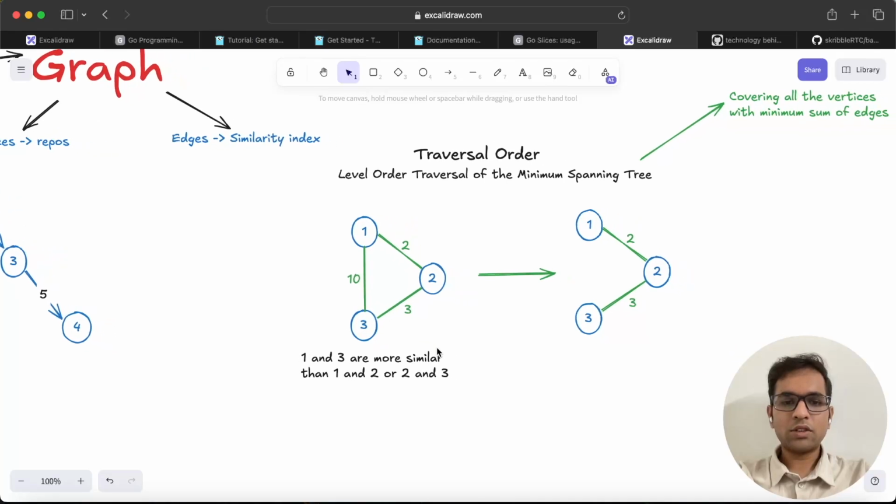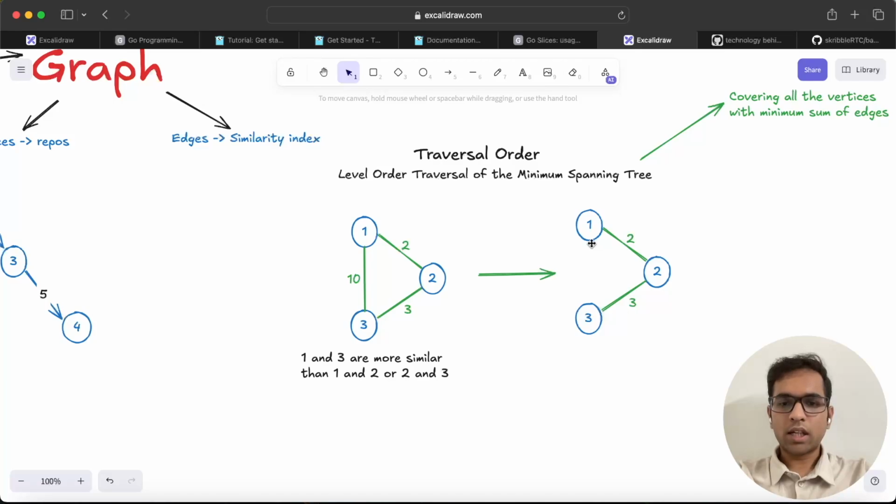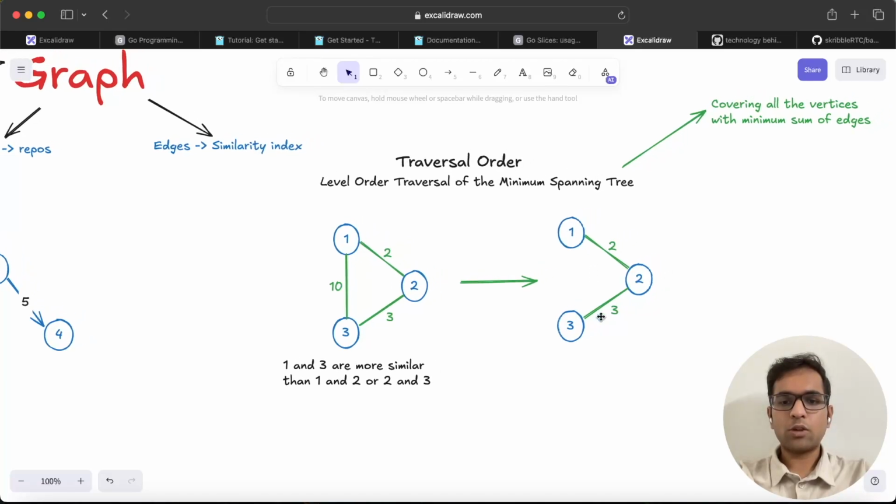That is why whenever we take a minimum spanning tree, the edges with higher values, which means the edges with higher similarity index, are truncated, and once these are off, the edges that we get are with lower values. And that is why we will now have a level order traversal of this.